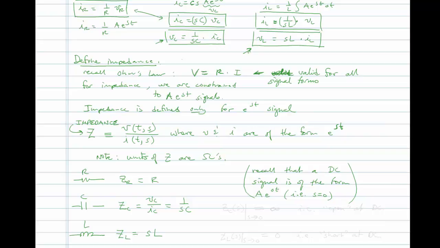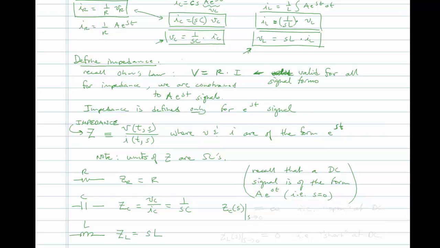So, since the impedance of the capacitor is 1 over sC, if s goes to 0, then the impedance of the capacitor goes to infinity. So let's write it this way. Z of s, a lot of times we'll write the impedance in parentheses as a function of s.